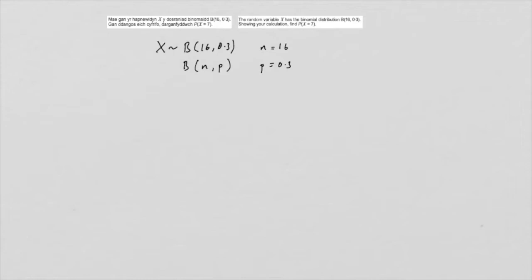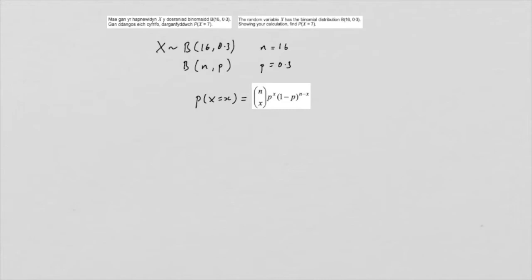So here it is, and so we have that the probability that X, the distribution, is equal to x, meaning that we get this number of successes, is nCx p to the power of x, (1 minus p) to the n minus x.